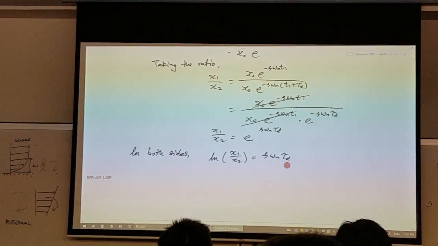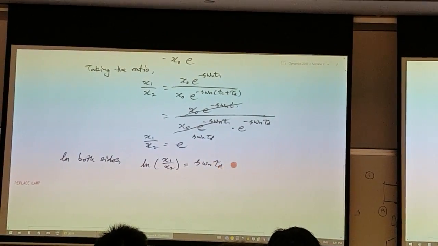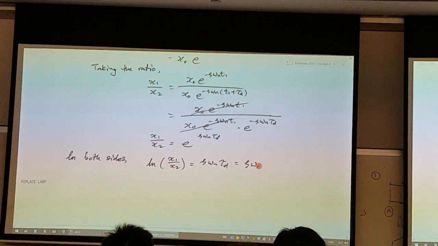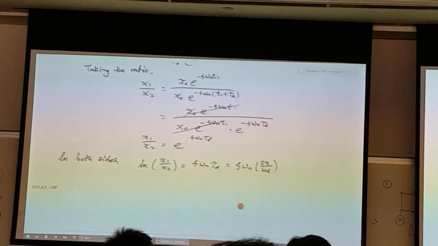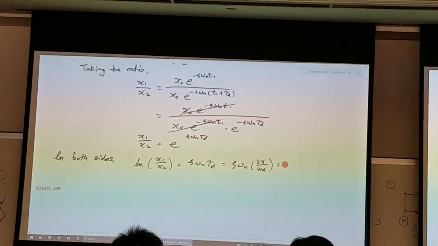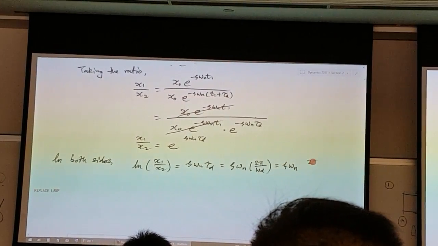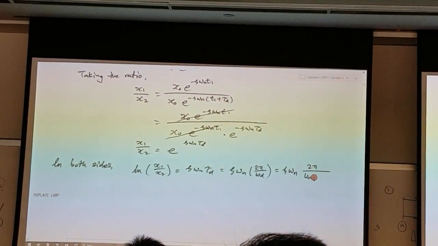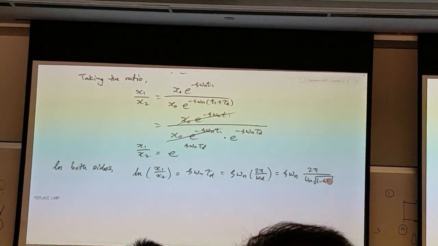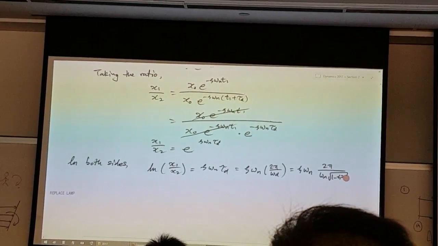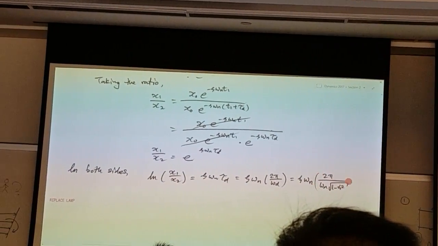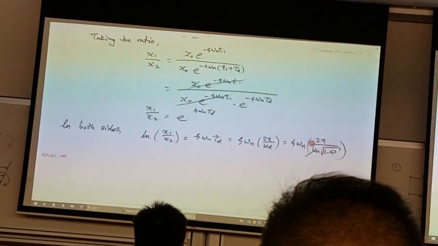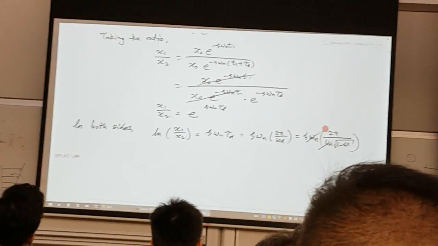Once you have that, I want to substitute tau d. Tau d is 2 pi over omega d, and I also know that omega d is equal to omega n square root of 1 minus zeta squared, as in your formula sheet. This allows me to cancel away omega n.